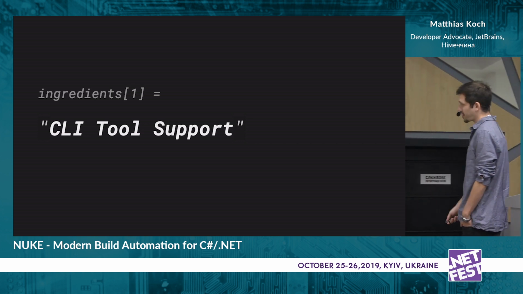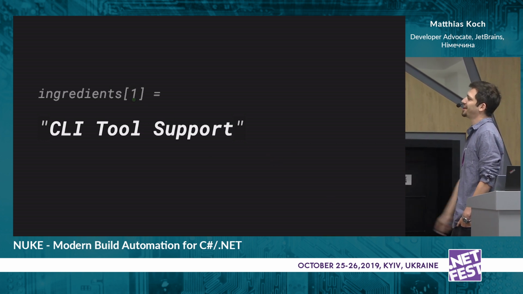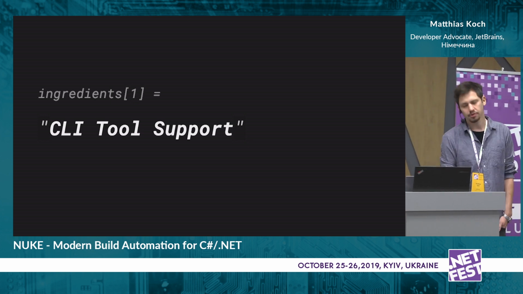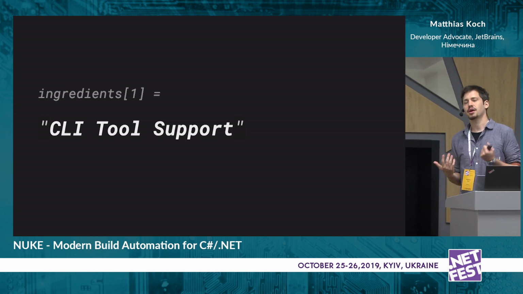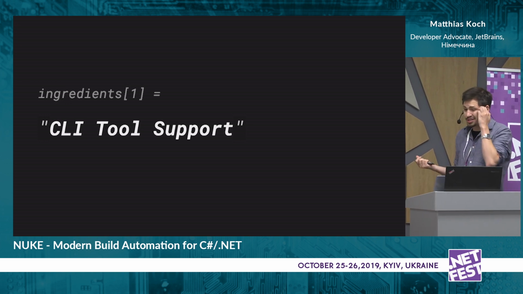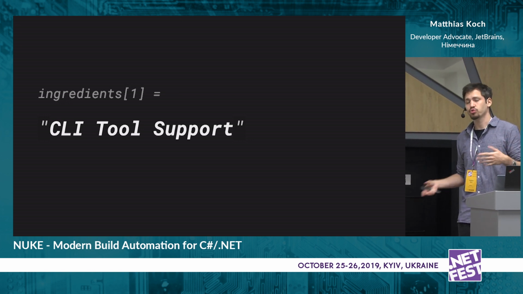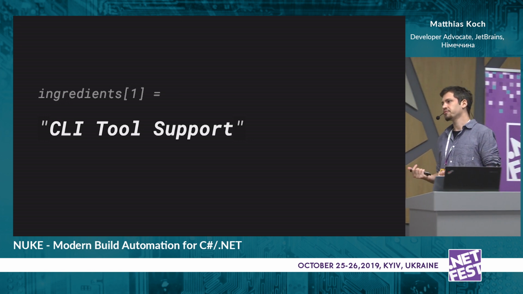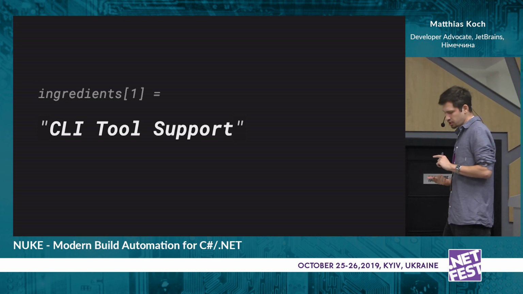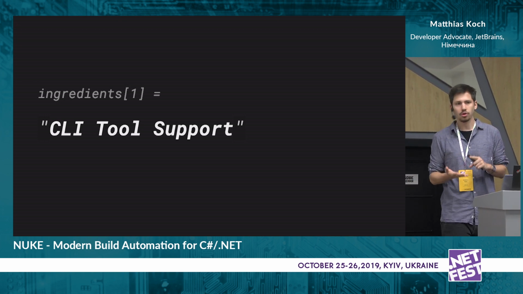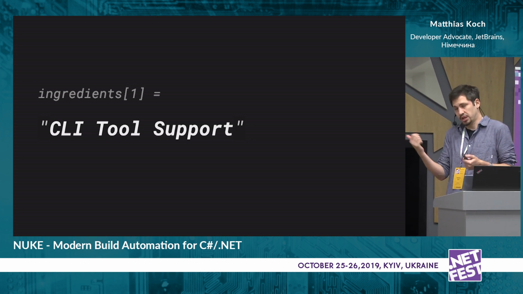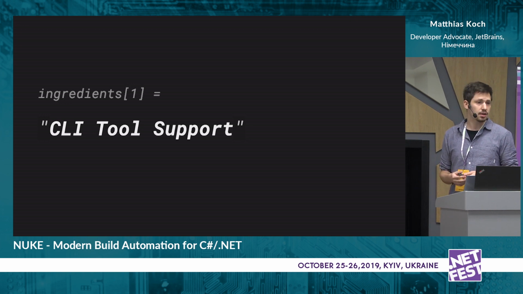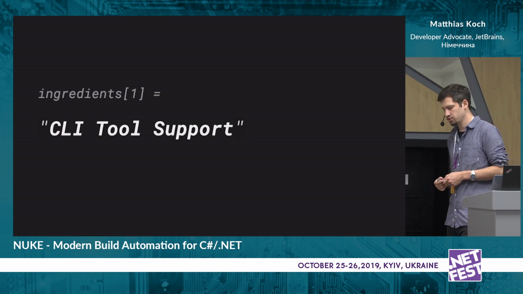Okay. Second ingredient, and we are zero-based, by the way: CLI tool support. Many of the build automation systems are required to offer support for CLI tools, something like MSBuild, for instance, or dotnet CLI, NUnit, xUnit, all those tools which you would potentially invoke for executing tests, for checking style guides, for pushing NuGet packages to NuGet.org or your private feed.